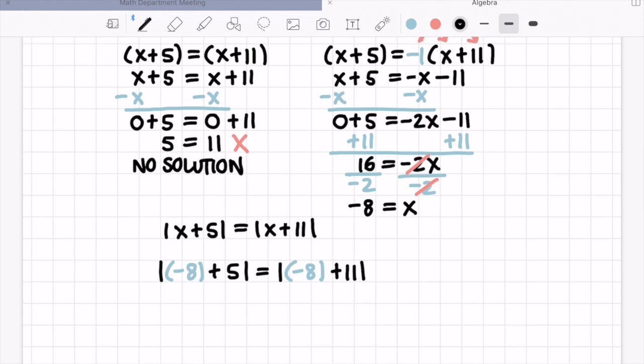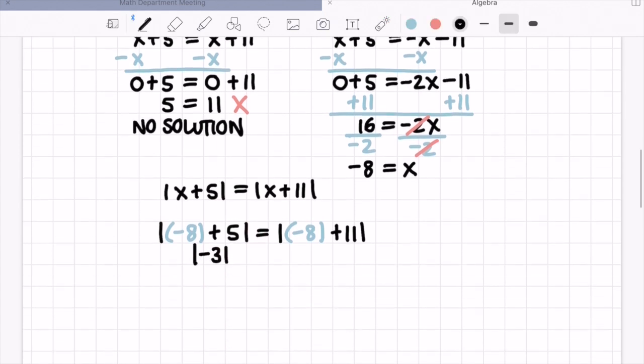So negative 8 plus 5, that gives me negative 3. And I keep those parentheses or absolute values because I only solved what's on the inside so far, nothing on the outside yet. So that's why I want to keep those absolute values. And then on the other side, I have the absolute value of negative 8 plus 11, that gives me positive 3.